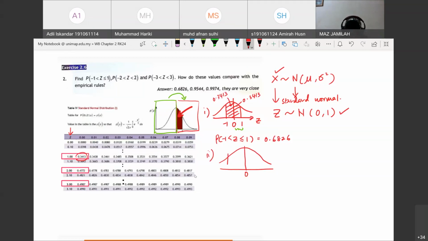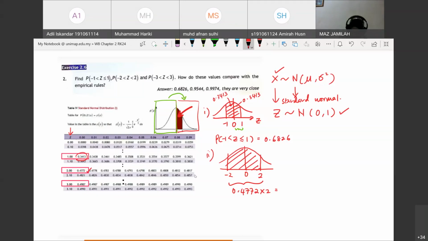Number 2, if we are talking about between -2 and 2, we are talking about a bigger probability region. So we look at our z of 2.00. This will be the value, and the probability would be 0.4772 multiplied by 2. What would you get there, class?